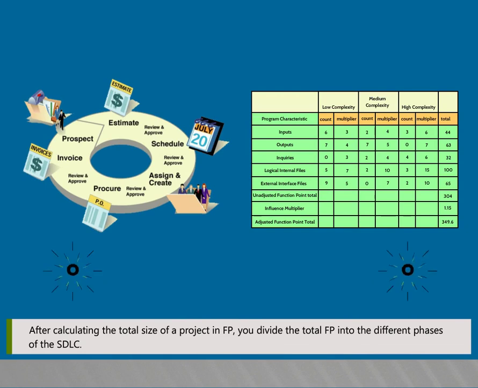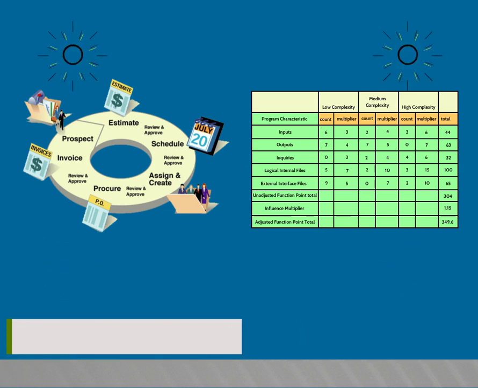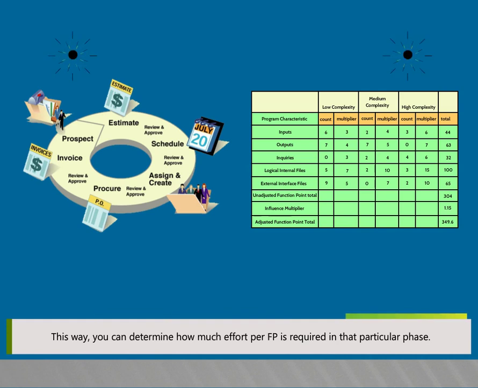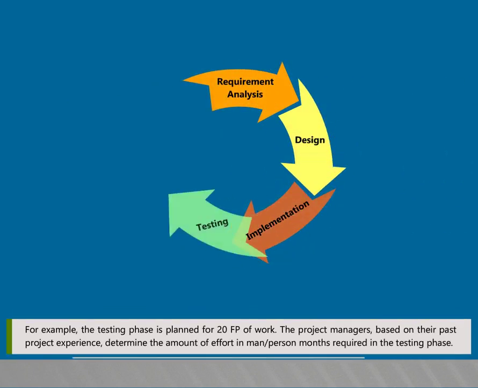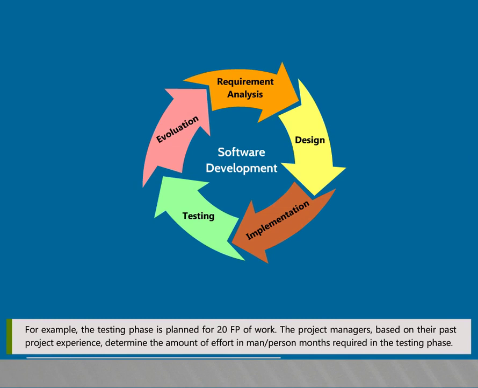After calculating the total size of a project in FP, you divide the total FP into different phases of the SDLC. This way you can determine how much effort per FP is required in that particular phase. For example, the testing phase is planned for 20 FP of work.